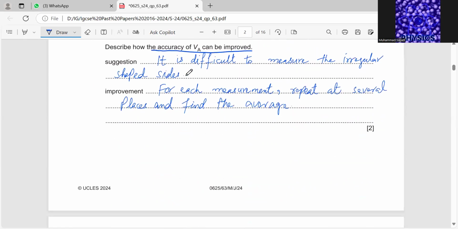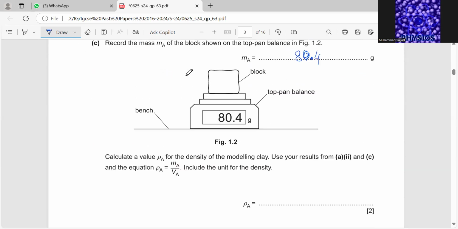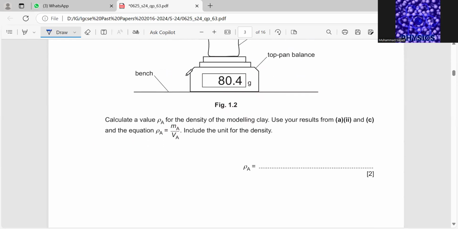Calculate rho A, the density of the modeling clay. Use your results from A(i) and (c). So mass is 80.4 and volume was 44.9. 80.4 divided by 44.9.